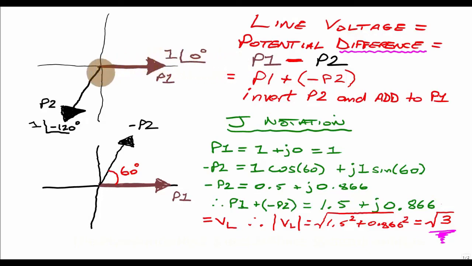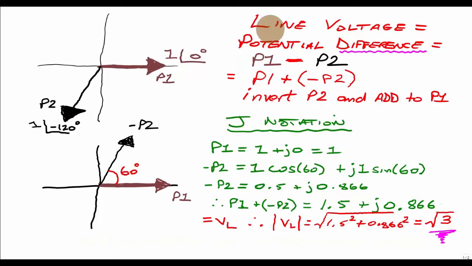What we've also done is drawn in phase 2 in black, and we've normalized that, so that also has a magnitude of 1, and it lags, hence this minus sign, by 120 degrees. So that's standard two-phase analysis for the UK. What we'd like to work out is the difference between these two voltages.